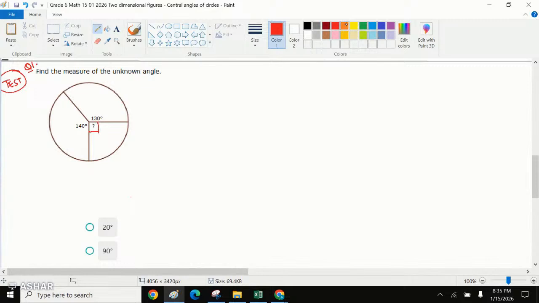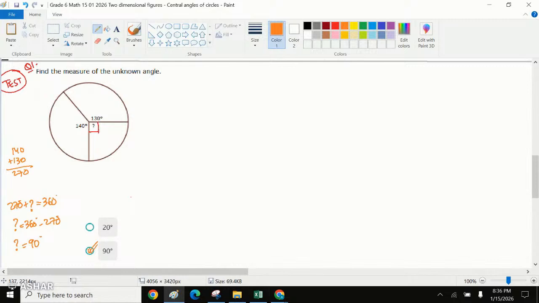Or if we do the entire working, we would say 140 plus 130, that is 270. 270 plus the missing angle should be equal to 360. Yes, 90 degrees is the right angle, okay? That means the missing angle would be 360 minus 270. That means the missing angle should be 90.